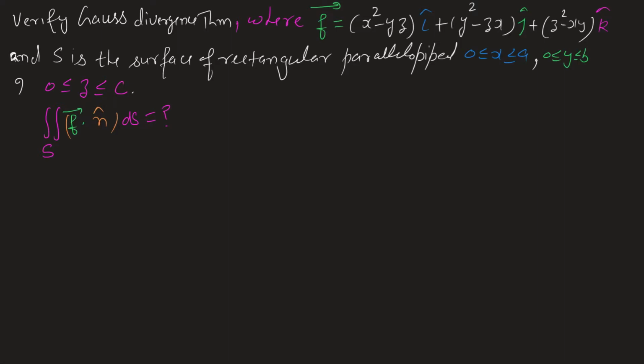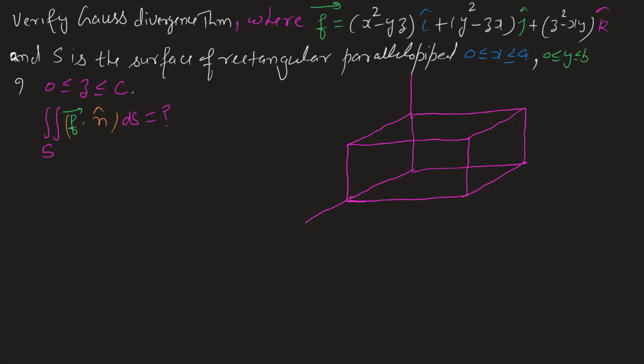Let us draw the parallelepiped again here. So this is the parallelepiped, and these are the rectangular axes.